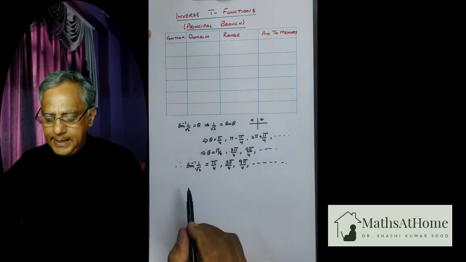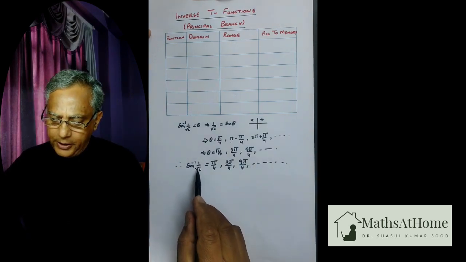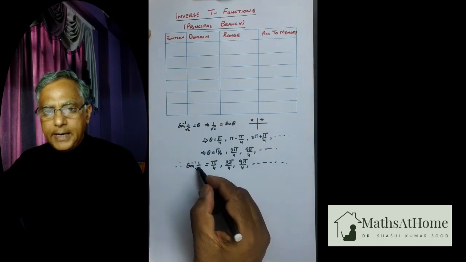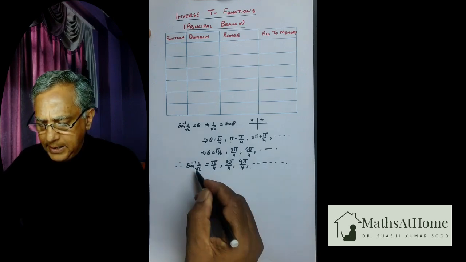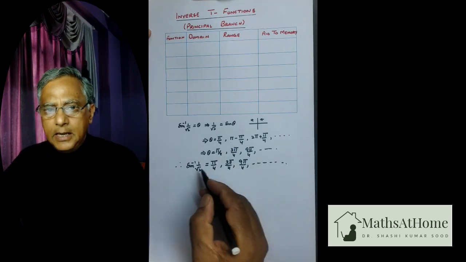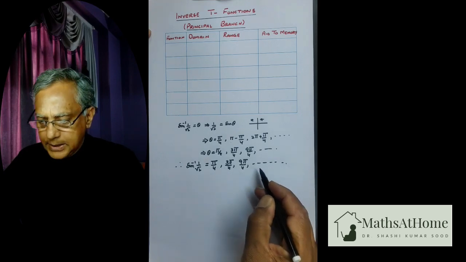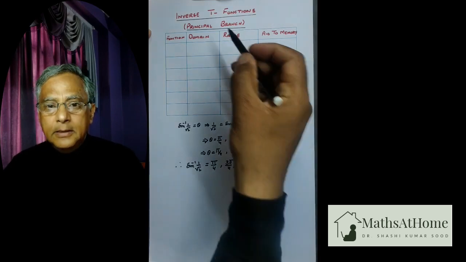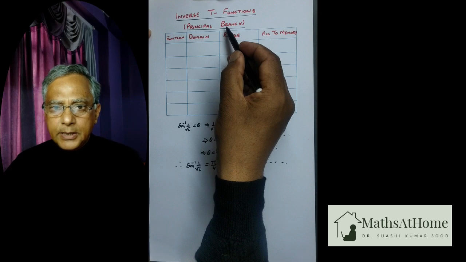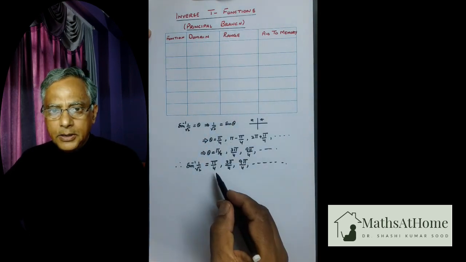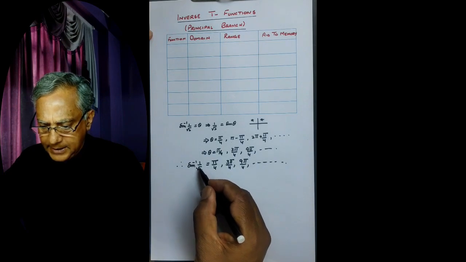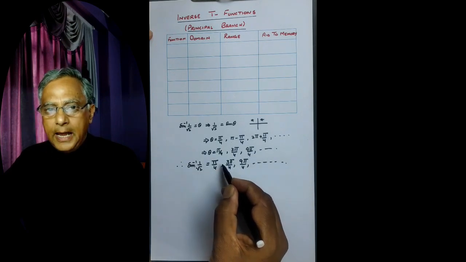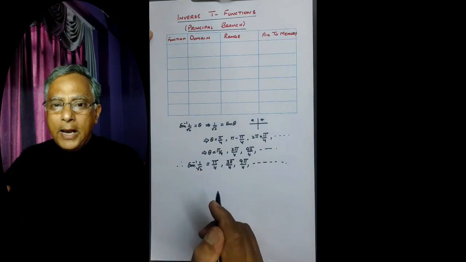So what we see is at each point of the domain of sine inverse, it has more than one value. Now in order to make this function a single valued function, we consider the principal branch. In this branch, at each value of x, the function will have only one value.